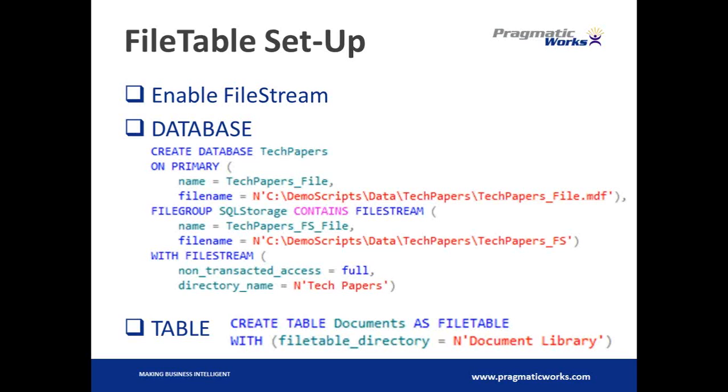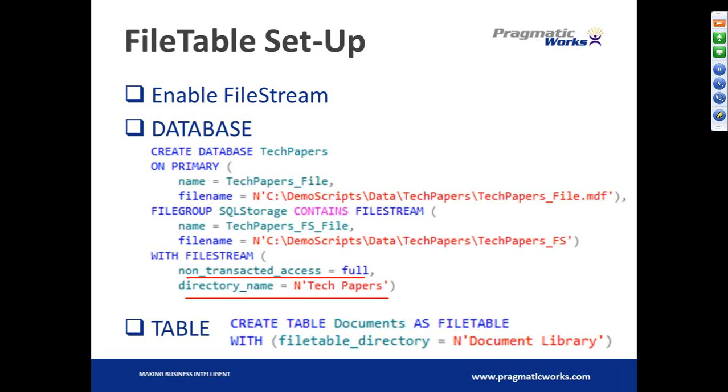The other thing we need to do is make sure that we set non-transacted access to full, and we give it this directory name. This directory name is going to be important because that's how it's going to be propagated up to our share that is going to be published. And we'll see what that share looks like in the next slide.